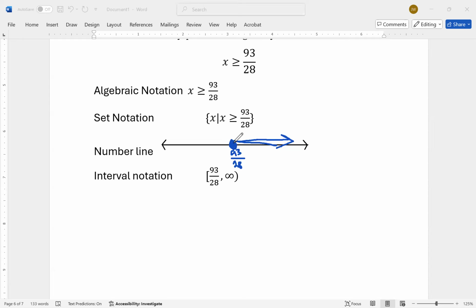So closed circle because of the equality, arrow pointing to the right. There we go. So that's it. That's the solution in 4 different ways. That is 4 different ways to write that solution for this inequality.